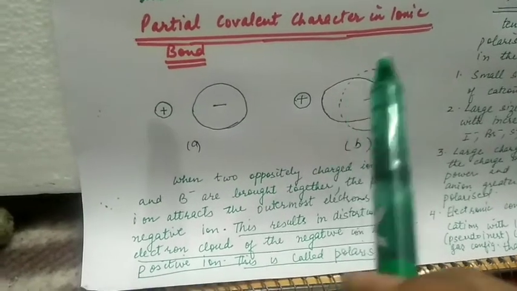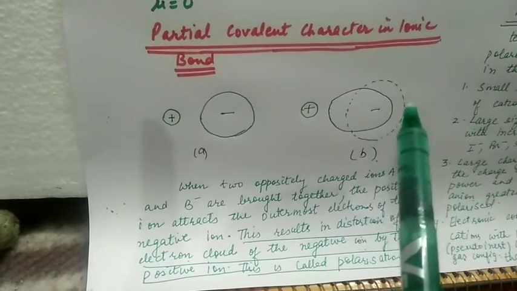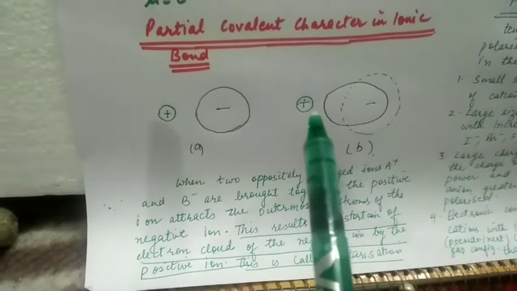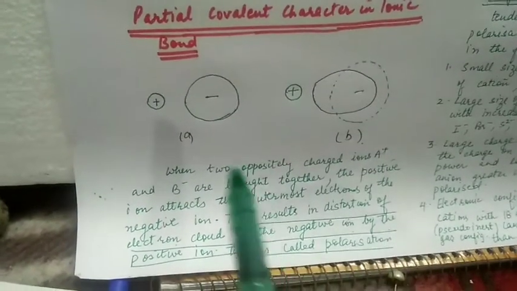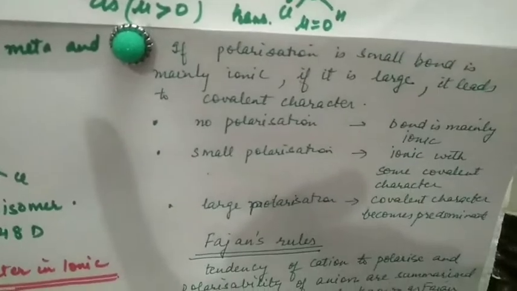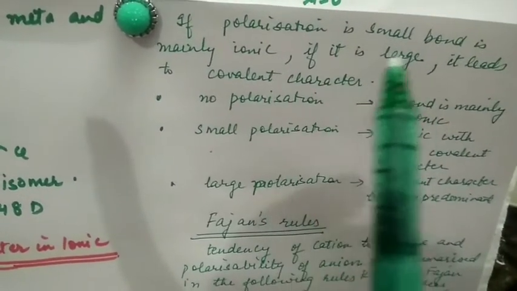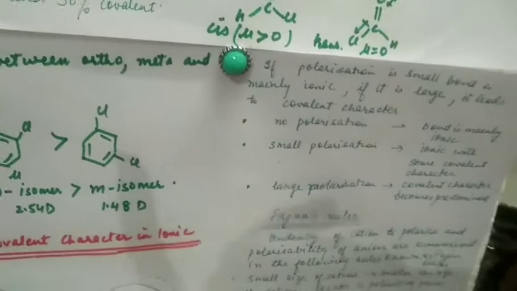This process of distortion of electron cloud from the anion towards the cation is called polarization. The cation is said to polarize and the anion is said to be polarized. If polarization is small, the bond is merely ionic. If it is large, it leads to covalent character. So the following assumptions result.